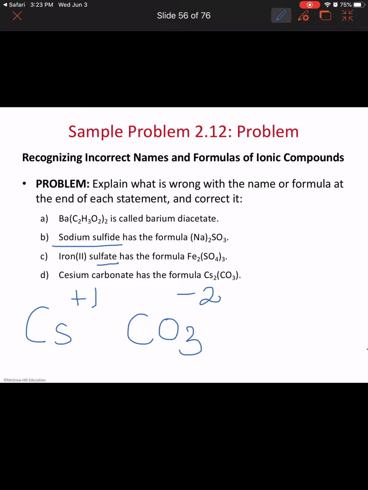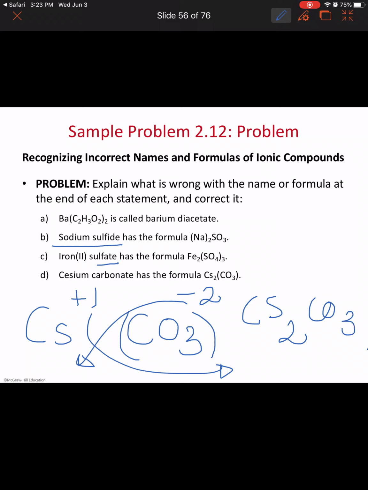And then if you write the formula, you can crisscross, 1 goes there, 2 goes here, that would make it Cs2(CO3)1. But normally if you have just 1, you don't write 1. And even if you have just one polyatomic ion, you don't put parentheses. So here what's wrong is that you should not put any parentheses. It should be written as just Cs2CO3 without any parentheses. Okay.